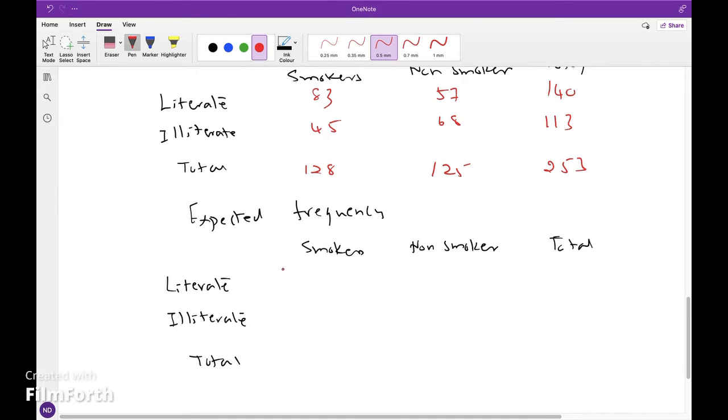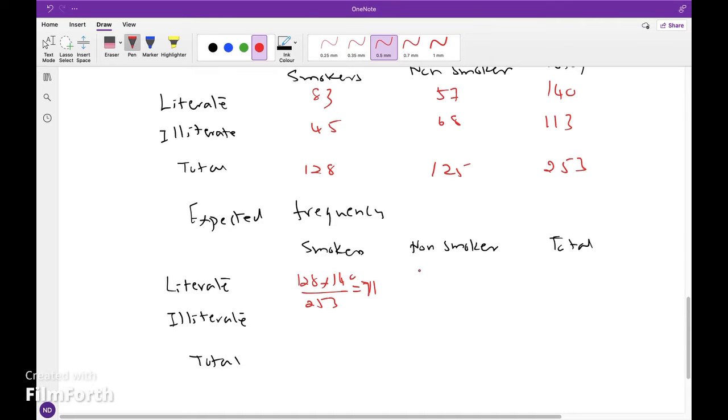How to find the smokers? 128 into 140, divided by 253, that is equal to 71. That is the smokers total into the literacy total divided by N.